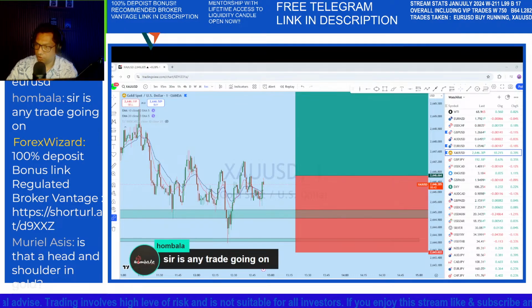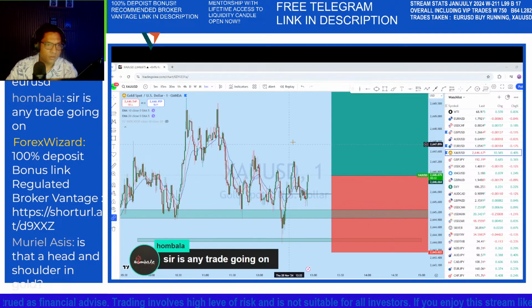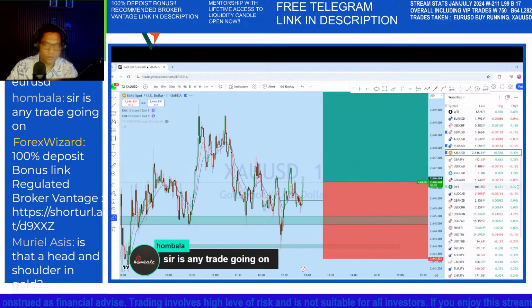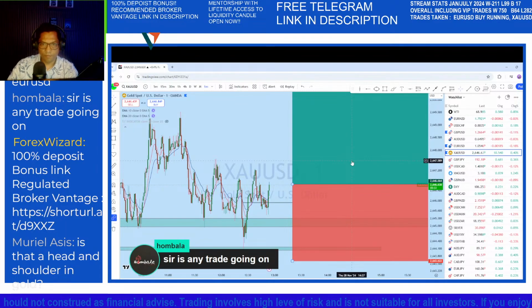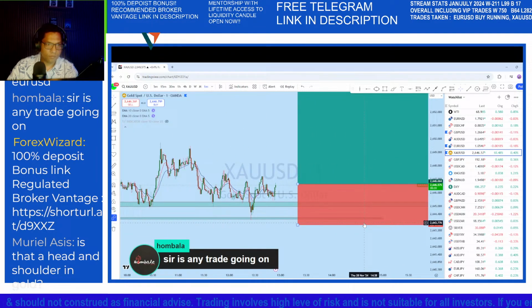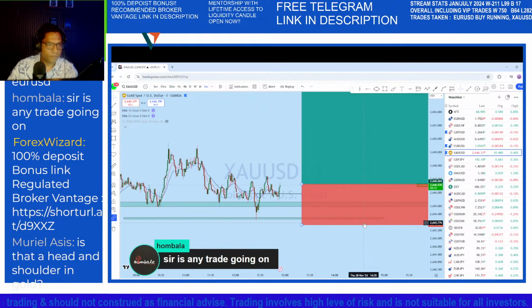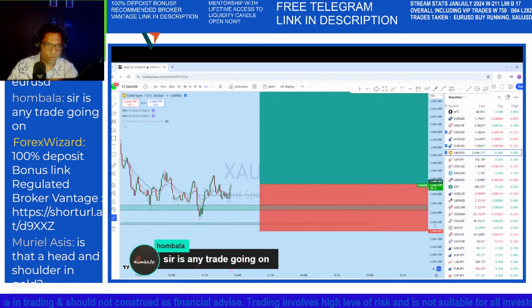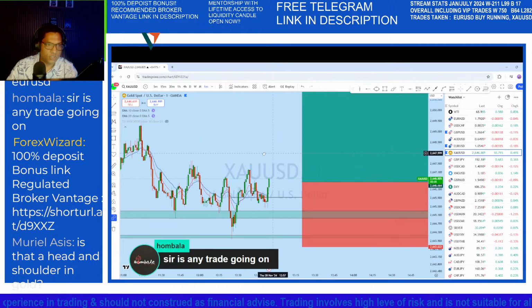Okay, some improvement in the price action. So gold price action looks to me potentially bullish here, which is in our favor.